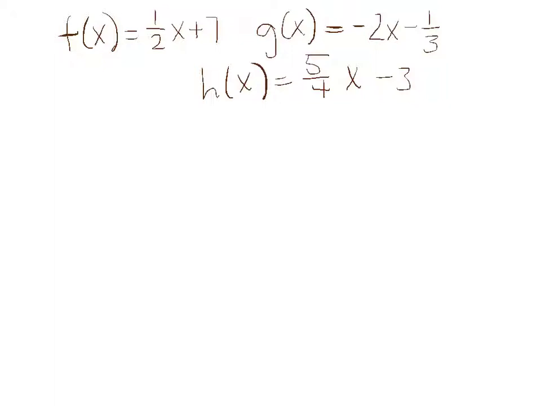And now we'll continue. So the next question is evaluate g of 2/3. Again, I'm thinking to myself, is 2/3 an x value or a y value? It's in the place of x, so it's an x value. So I'm going to substitute in for x.